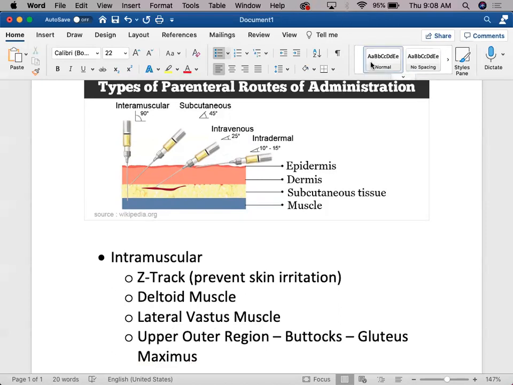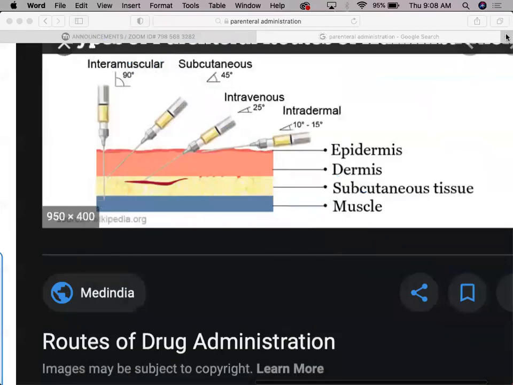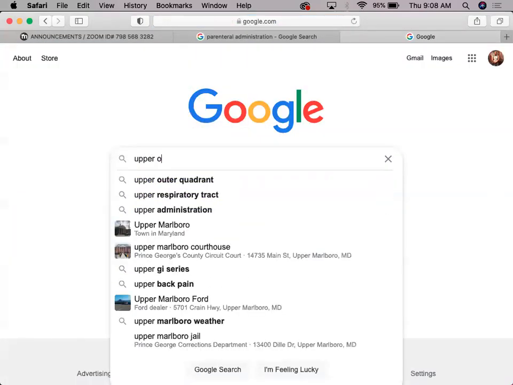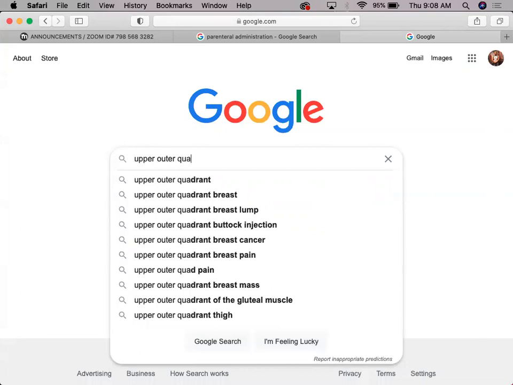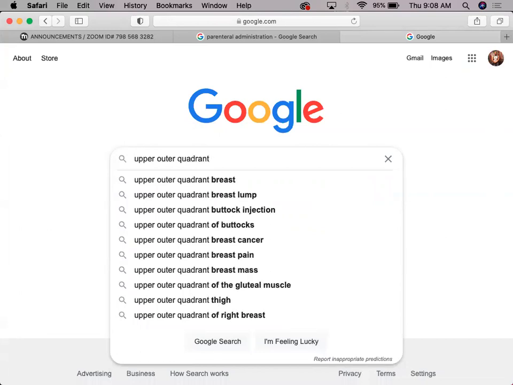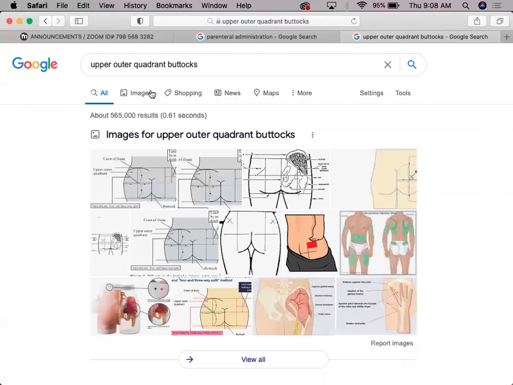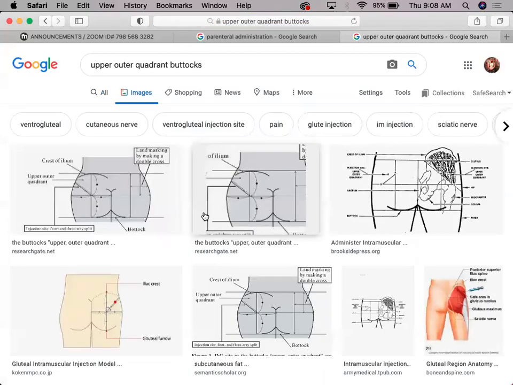Now, what does that mean? And I kind of showed it in lab. But where exactly is the upper outer region or quadrant of your buttocks? If you look at the buttocks, right?